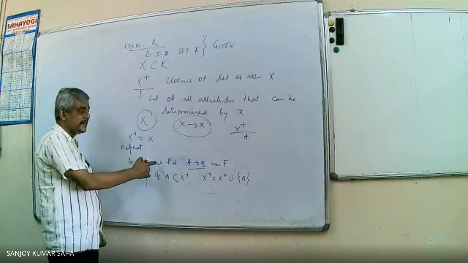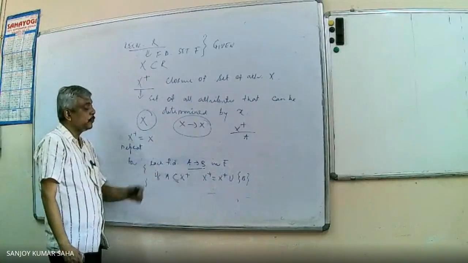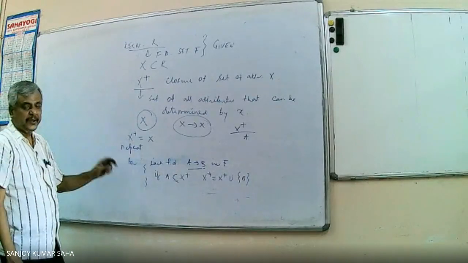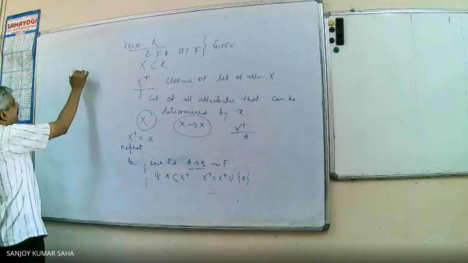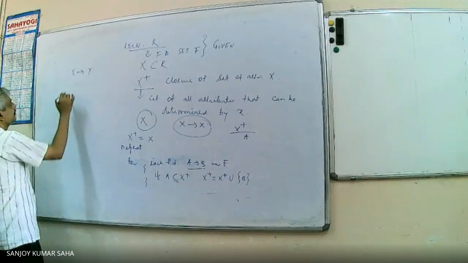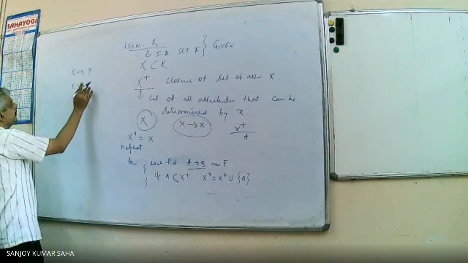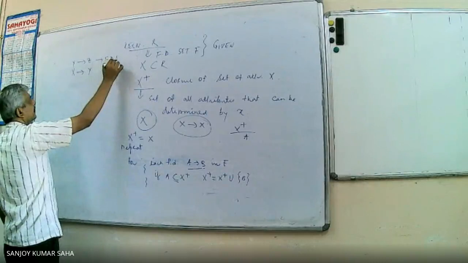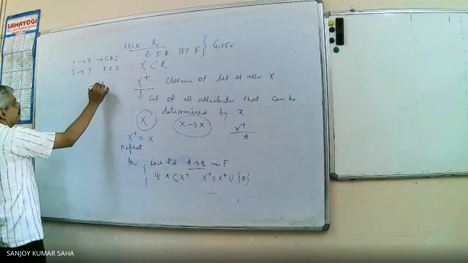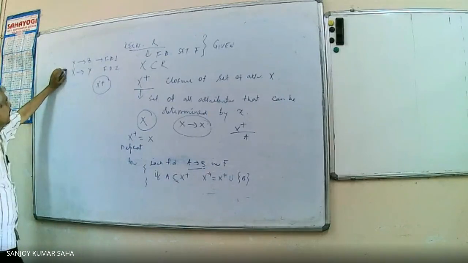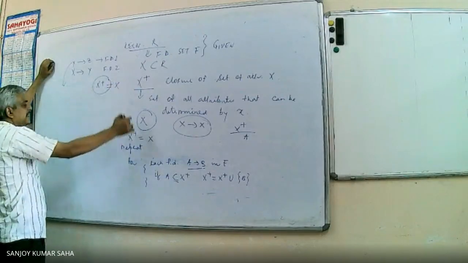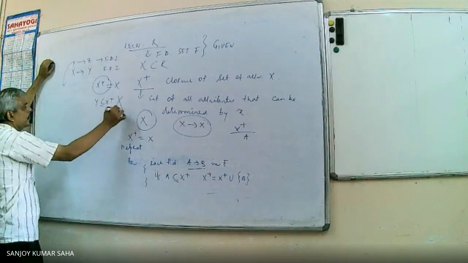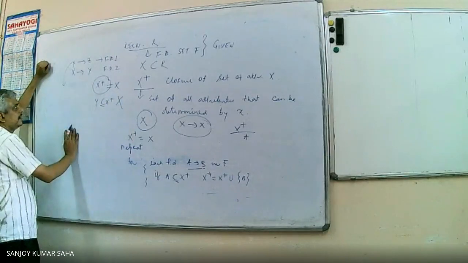Now how long shall we continue? Is it so that in one shot we will be looking into the functional dependencies? The order of the functional dependencies will be important. Suppose we have X implies Y and Y implies Z. I have only two functional dependencies, and I want to find the closure of X. X plus initially is X. Now Y is not part of X plus, so I cannot consider Z. Z cannot be derived.